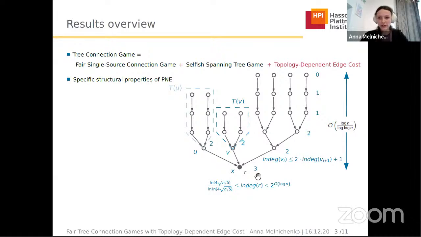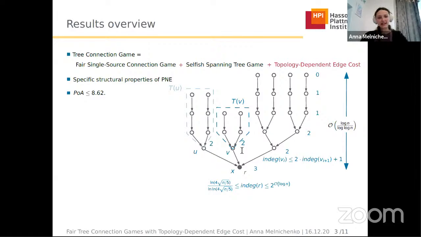With all this knowledge combined, we were able to obtain an upper bound and a lower bound on the degree of the root, and some other dependencies and observations you can find in our paper.